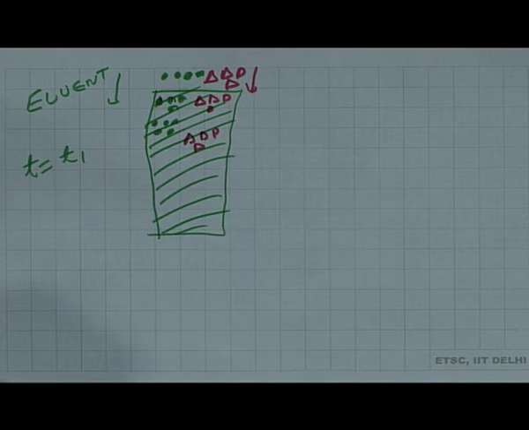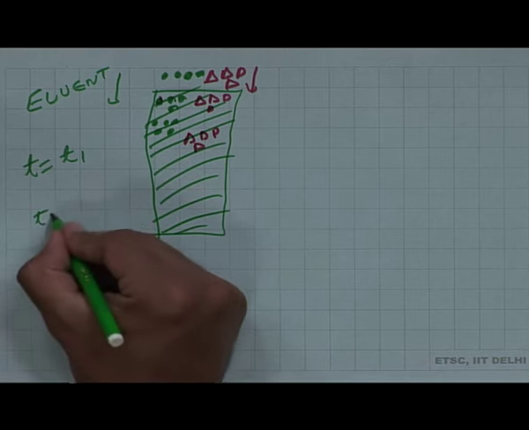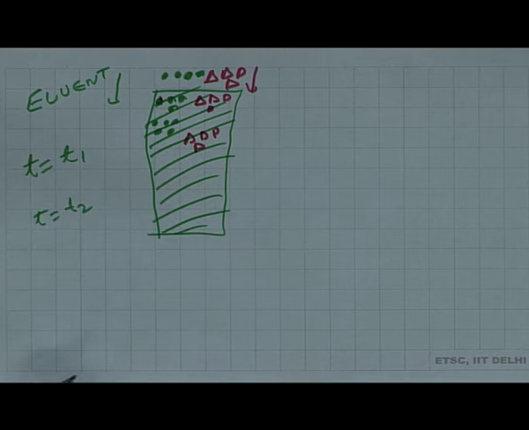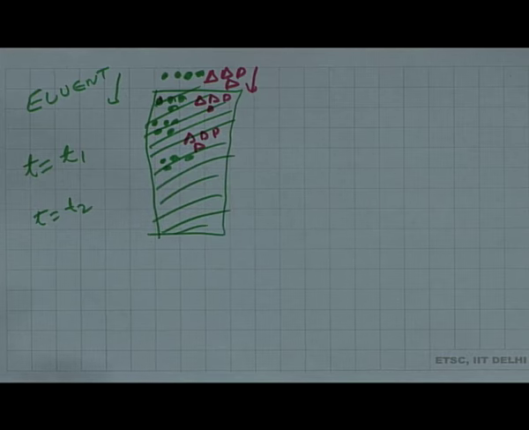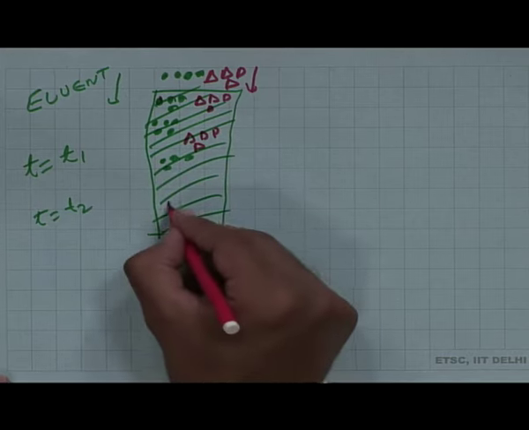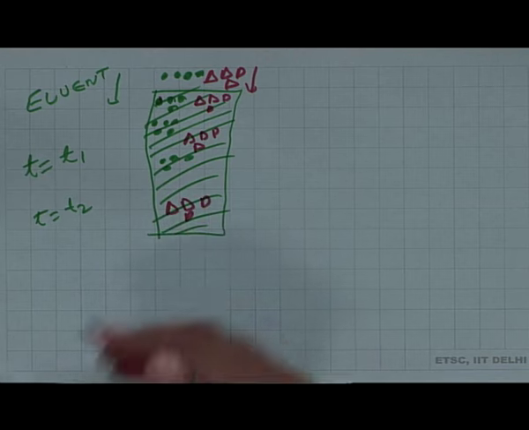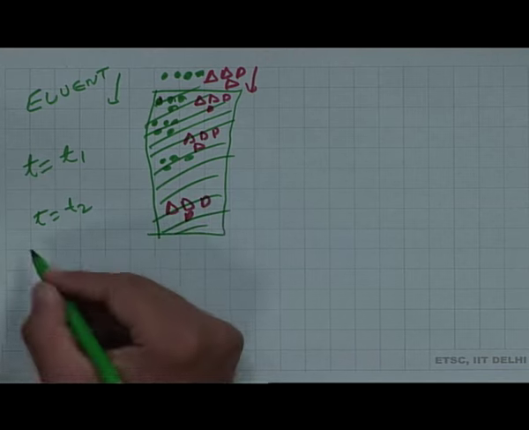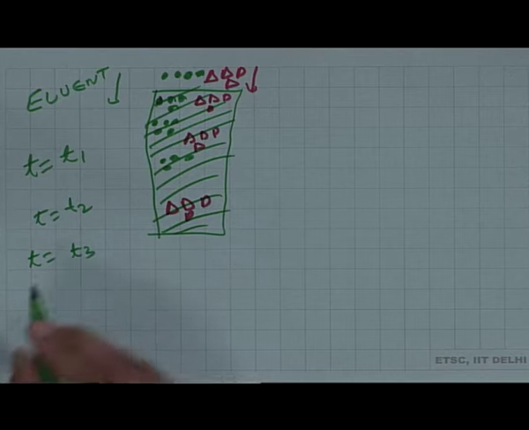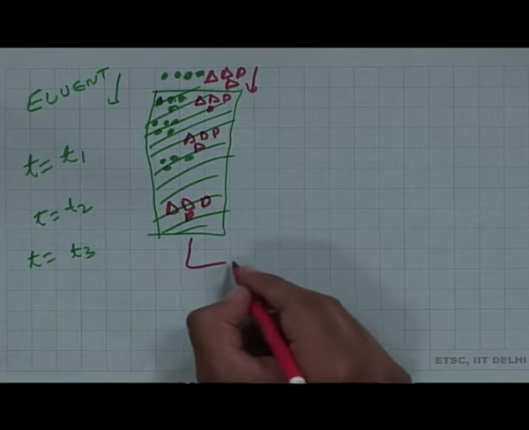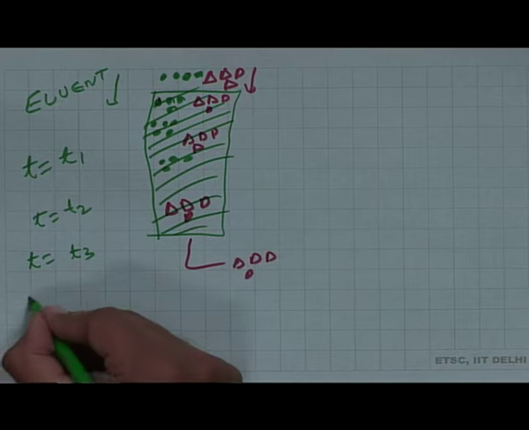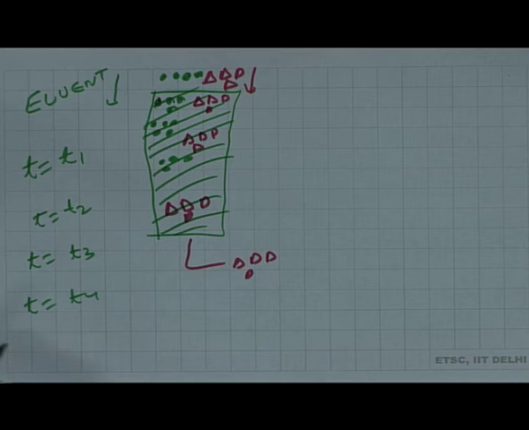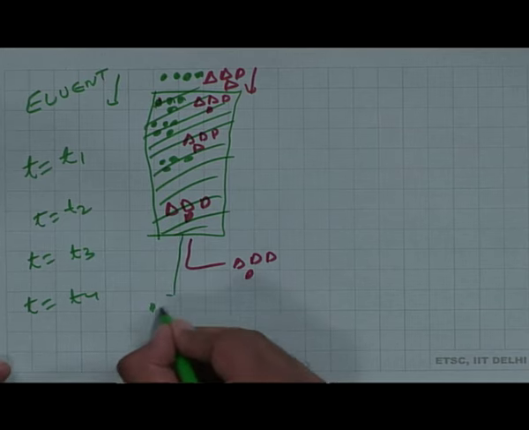Okay. Now, if you do T is equal to T2, what will have happened is your product is only till here, while your impurities have reached here, and at T is equal to T3, your impurities would come out, while at T is equal to T4, your product would come out.